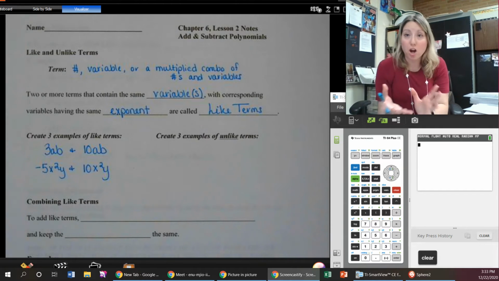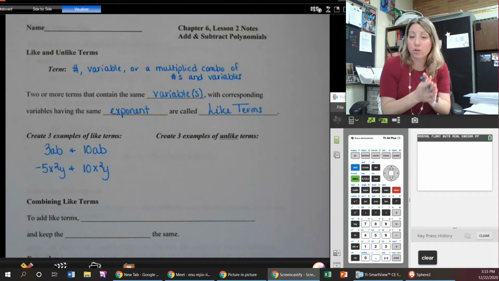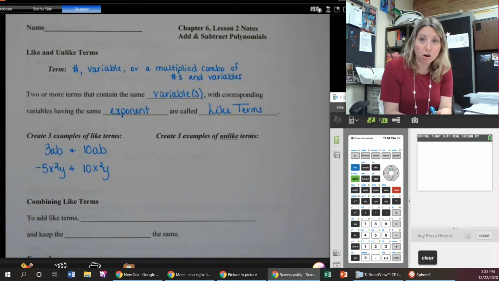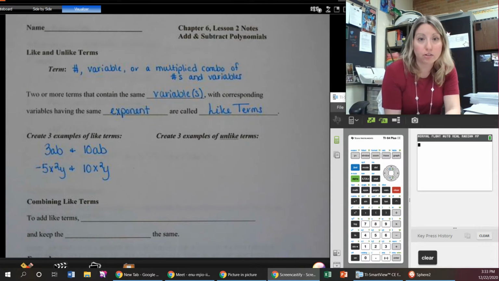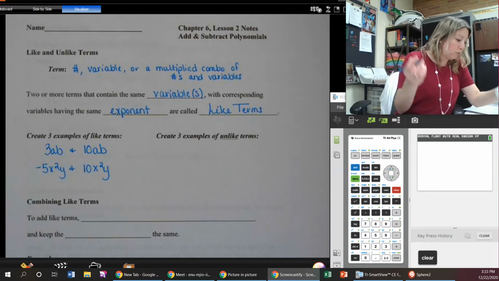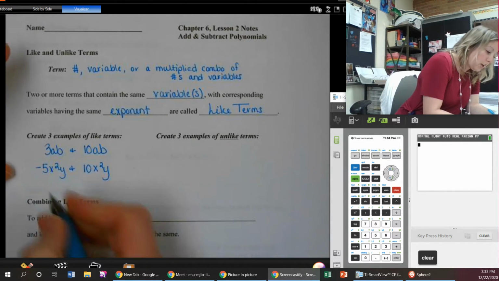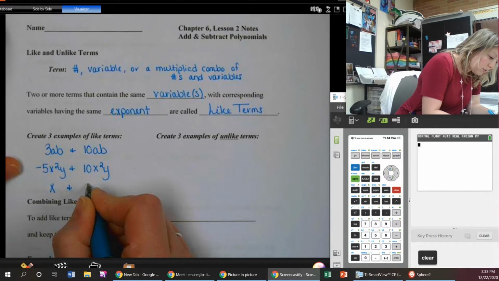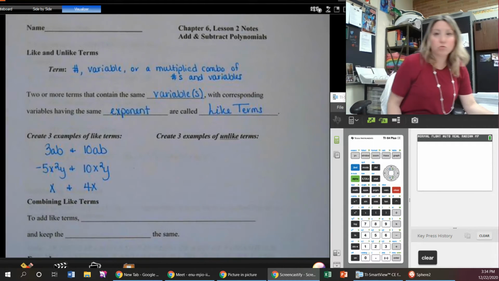Notice the front number, the coefficient, isn't what's important. It's how many variables, what are the variables, and what powers are they raised to. That's what creates like terms. Okay, so another pair of like terms is x and 4x. Those are like terms.